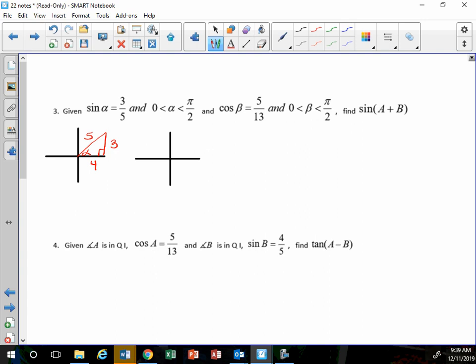Then it says cosine of beta is 5 over 13, 0 is less than beta is less than pi over 2. Well, where is beta? What quadrant? It's between 0 and pi over 2 again, right? Still in the first. So I'm just drawing a new triangle, labeling it beta. Cosine's 5 over 13. So what does that mean?